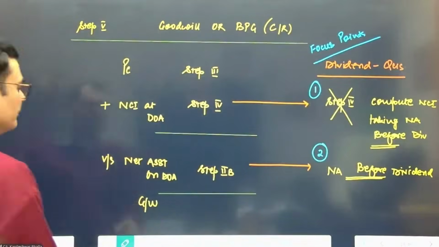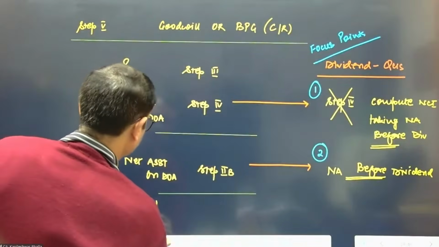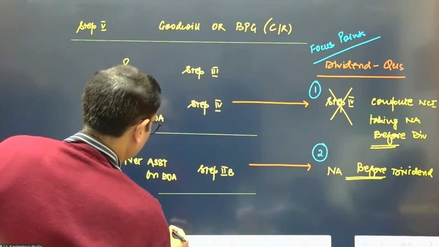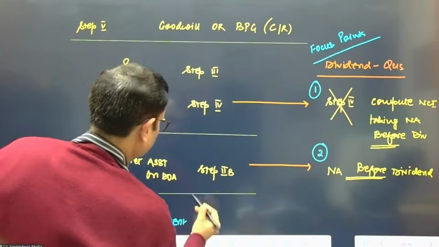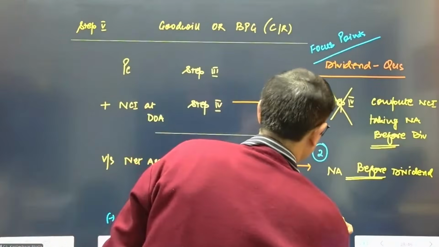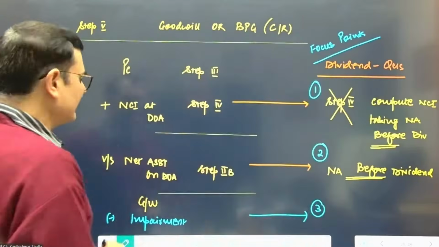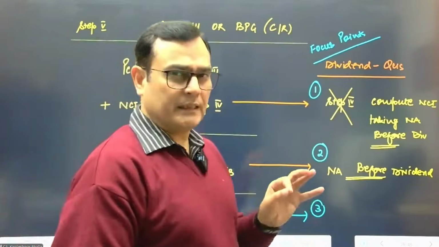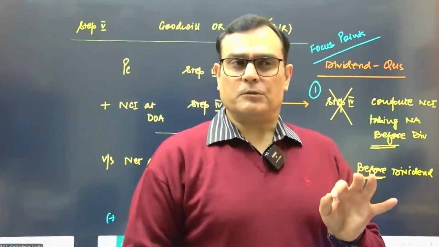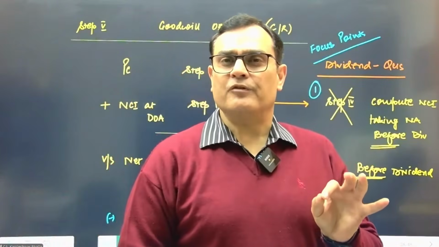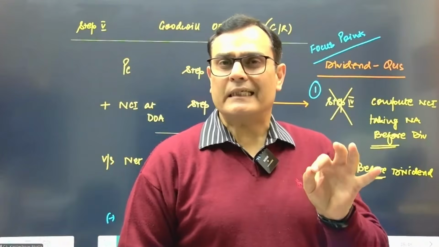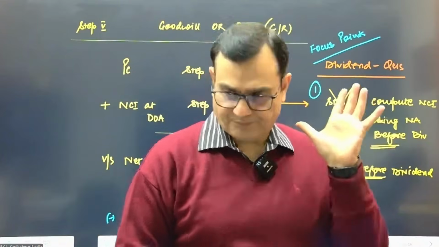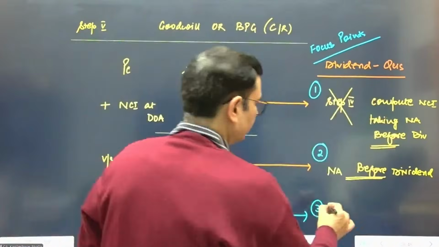And then the third focus point is impairment. So can I say, as far as impairment is concerned, will you reduce the impairment irrespective of whether the NCI is fair value or PASNA? Will you reduce the entire impairment figure? Yes, sir.